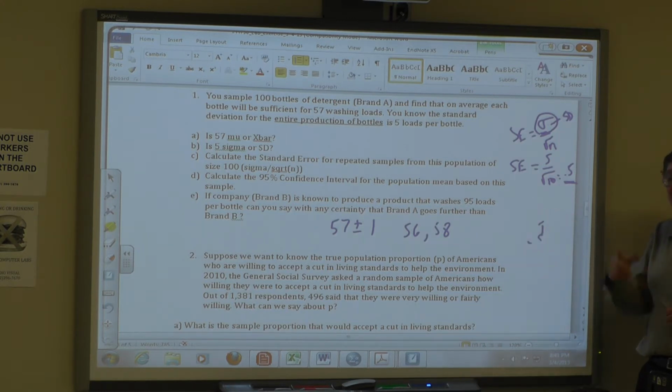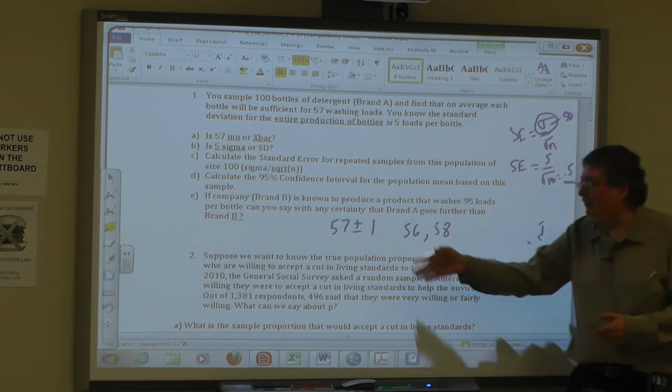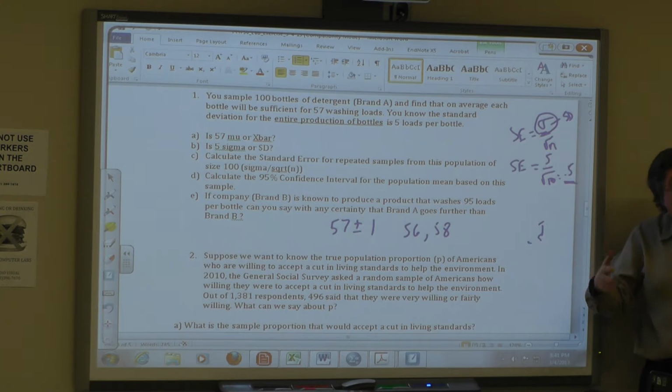If I took a sample size of 9, the square root would be 3. 5 over 3 is going to be 1 2/3, right? 2 standard errors is going to be 3 1/3. Right, so on and so forth. Sample size impacts that. What happens if I want to, let's see, what's a good way to put this?